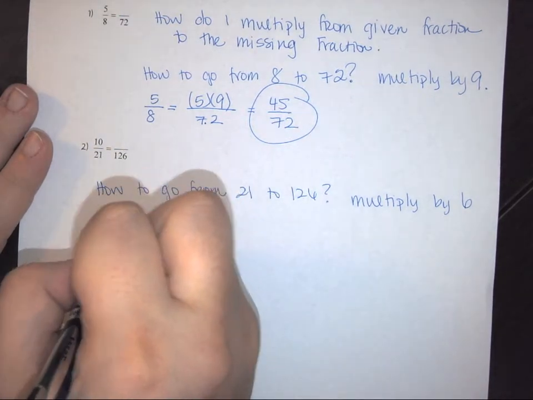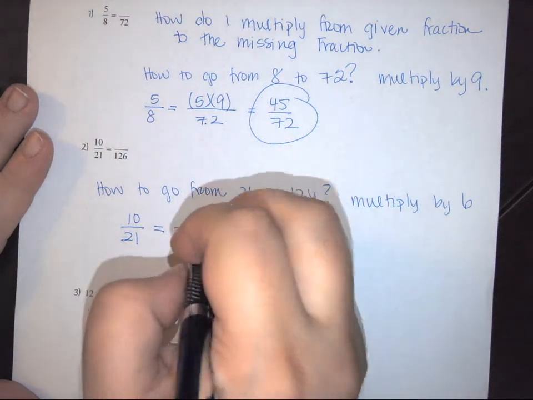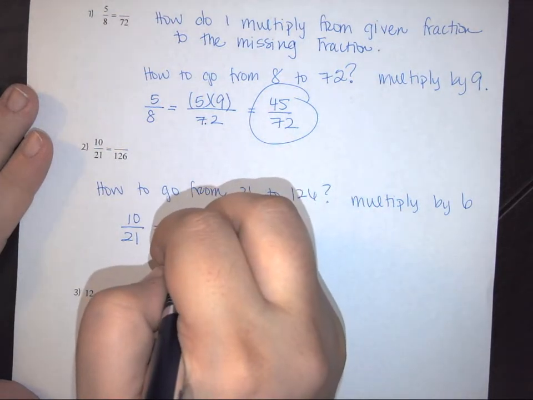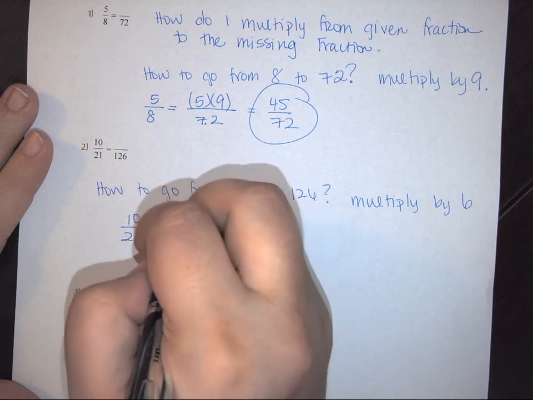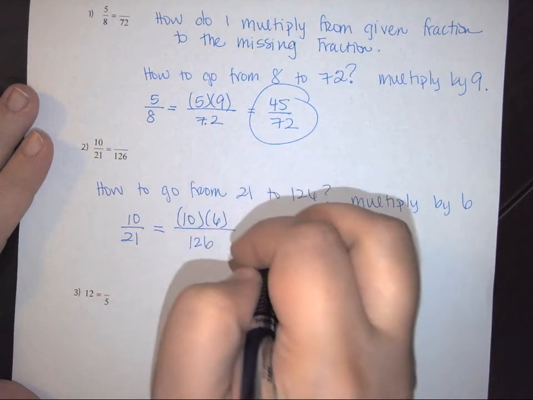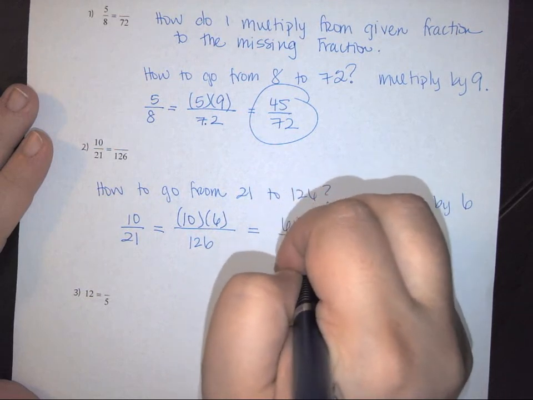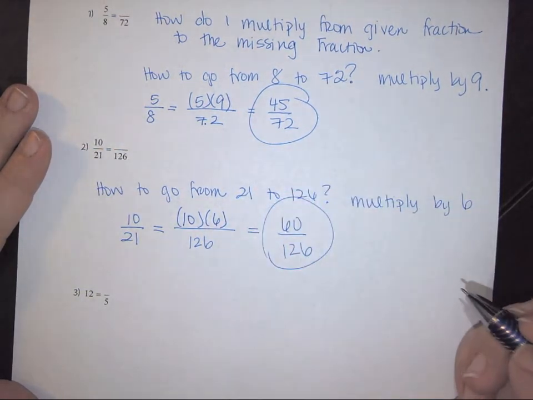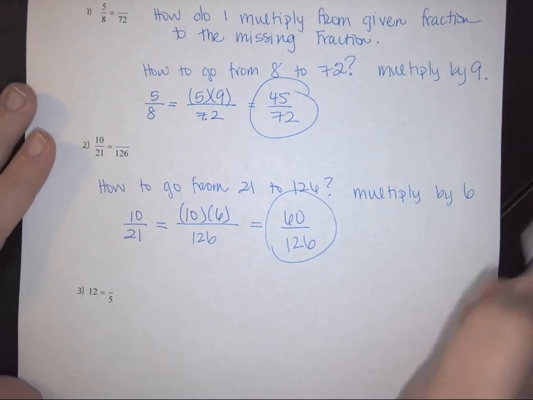So I have 10 over 21 as my start. In order to get to 126 on the bottom, I have to take my numerator and multiply it by 6, thus giving me 60 over 126, which is an equivalent fraction.